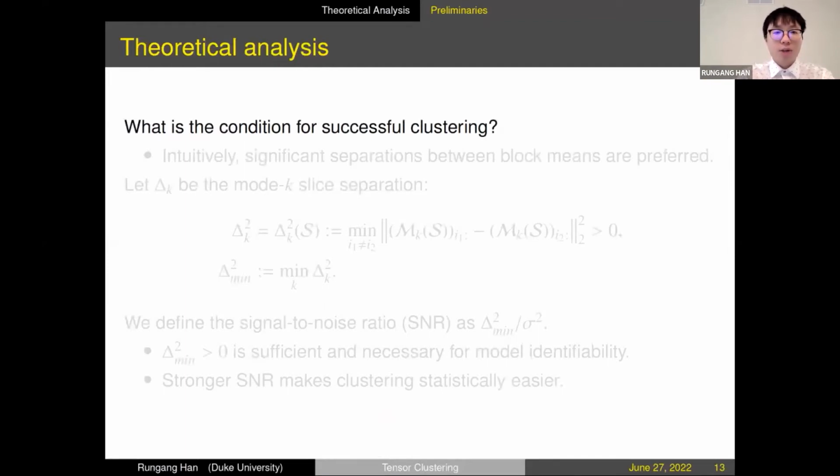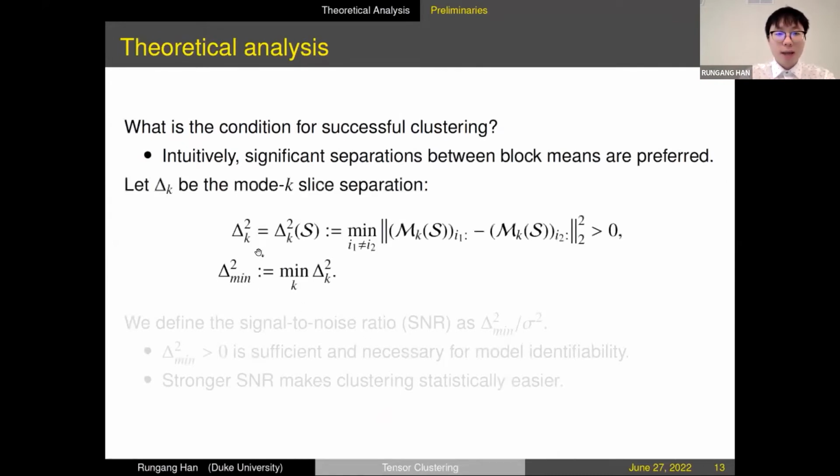Intuitively, significant separations between block means are preferred. So we denote this delta_k as the mode-k slice separation, which is defined as follows. Basically, this delta_k evaluates the minimal difference between two matrix slices from two clusters in a specific mode k.